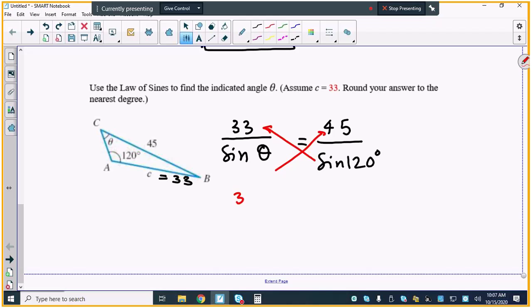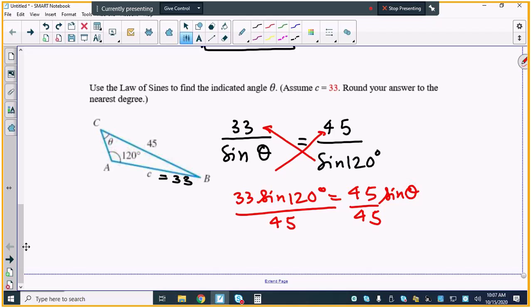So you get 33 sine of 120 degrees equal to 45 sine of theta, and then you divide both sides by 45 because you want to isolate sine theta. So I'm going to say sine of theta is equal to 33 sine of 120 degrees over 45.